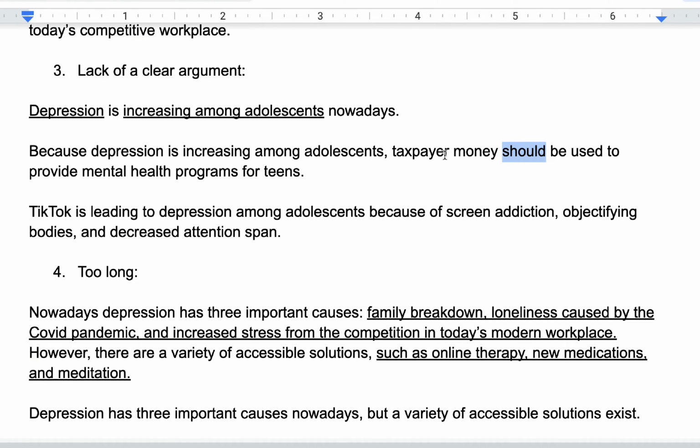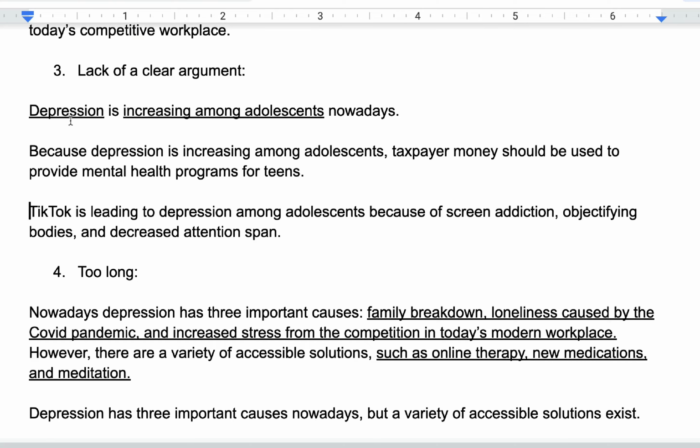Okay, you can see that this is much more specific and interesting than this one. Or we could even get more specific with this example. TikTok is leading to depression among adolescents because of screen addiction, objectifying bodies, and decreasing attention span. So what happened here?